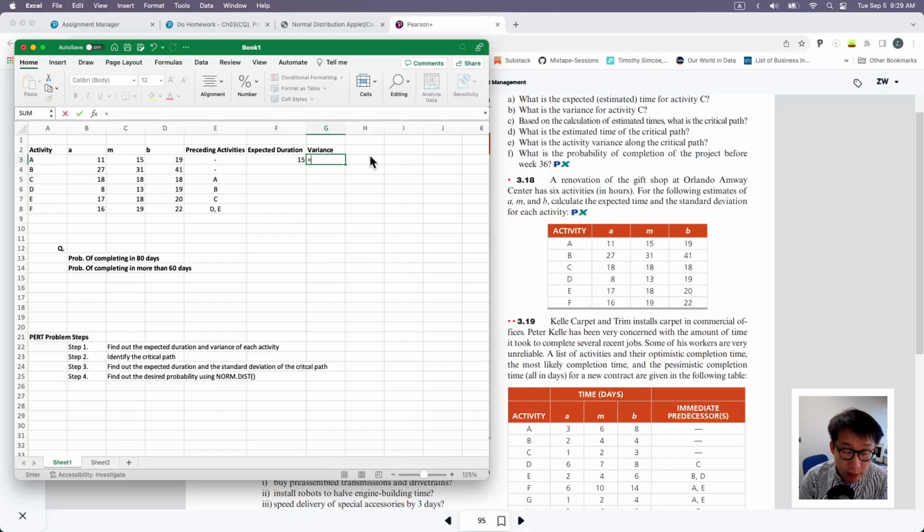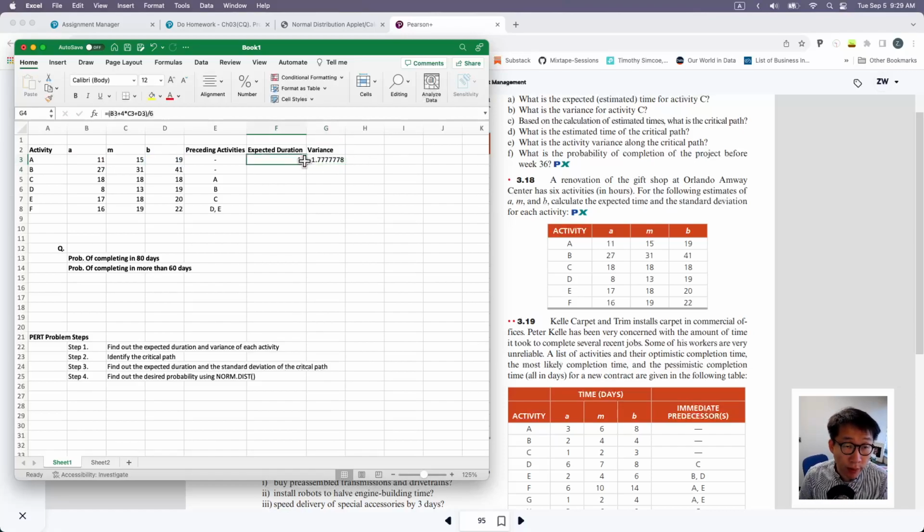Your variance is the difference between the pessimistic and optimistic divided by 6. This gives you a rough estimation of the standard deviation, because the variance is the square of your standard deviation. So I'm going to do this.